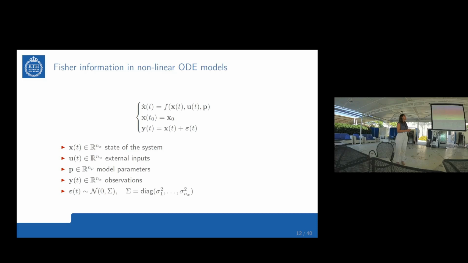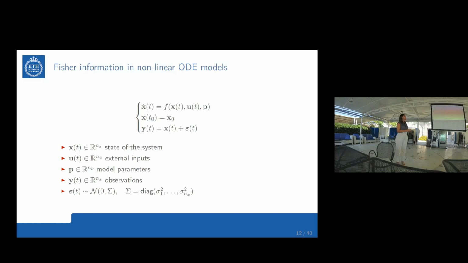Just for a bit of notation, I will denote by x the vector of states, and it is of dimension nx. F is the vector field of the ODE, and it depends on x and on the external inputs u in nu, and on parameters, the unknown parameters that we want to estimate, that are again in dimension np.